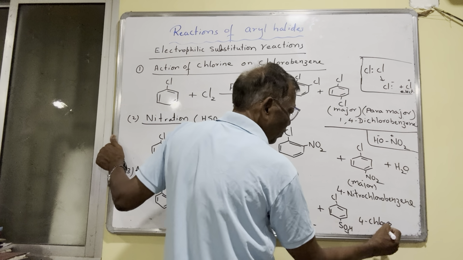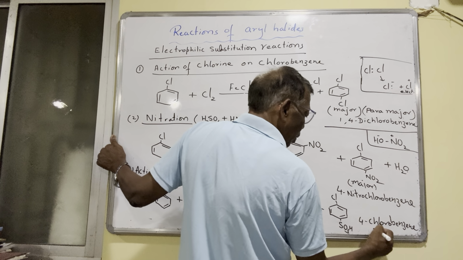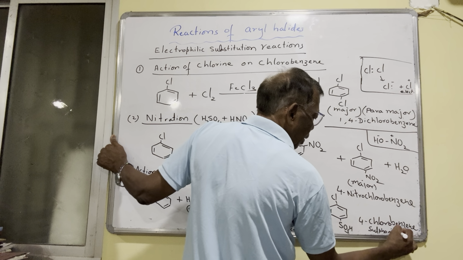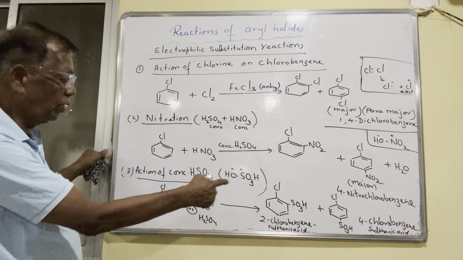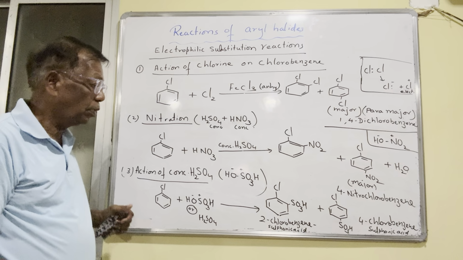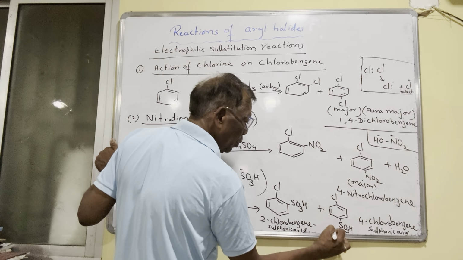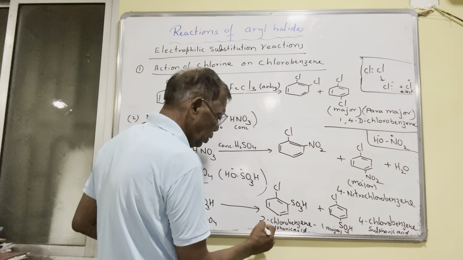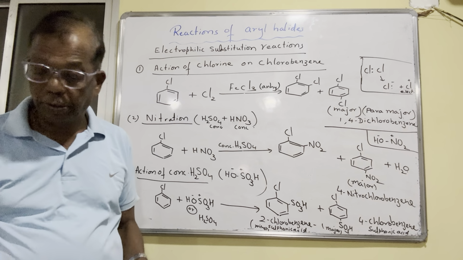This is one word, chlorobenzene sulfonic acid. Now this is major. Remember, that is major, this is minor. Remember you write this also, major and minor. Now you know that always para is the major and this is minor. I hope you can understand that.